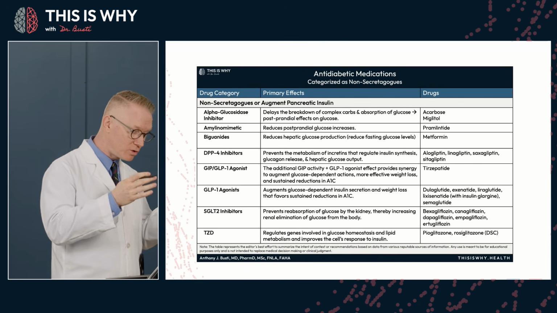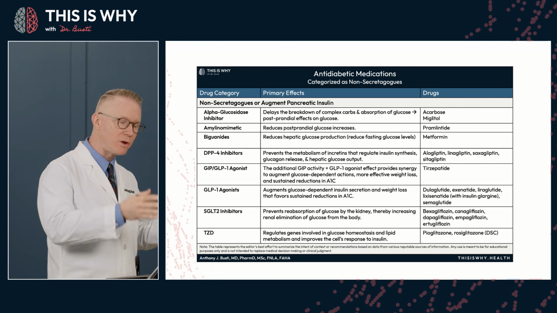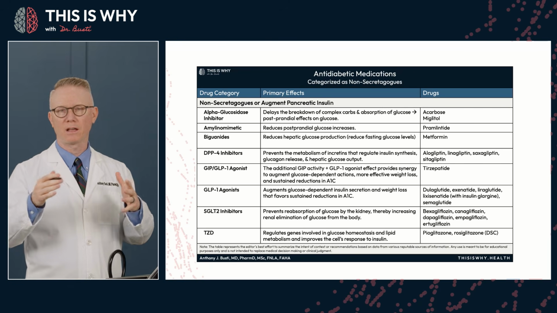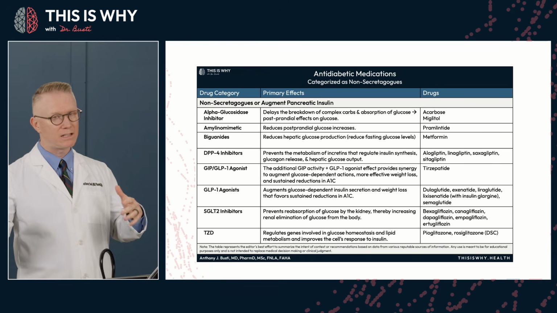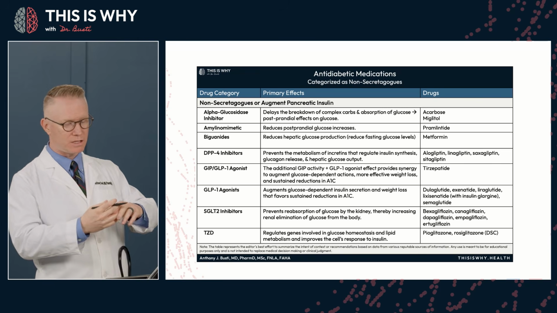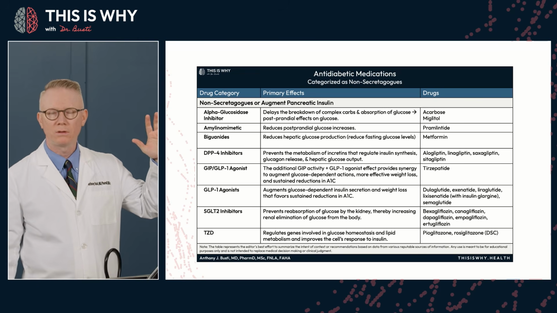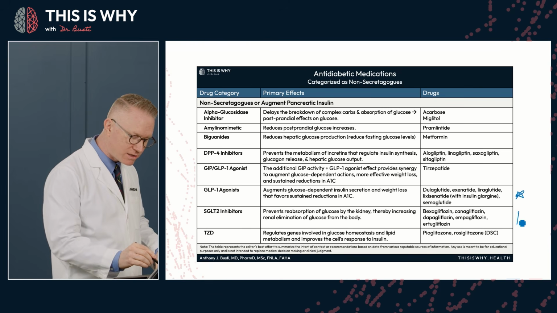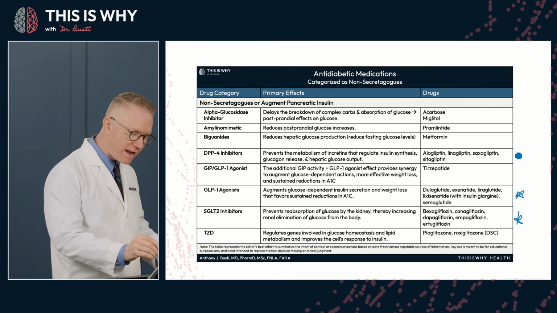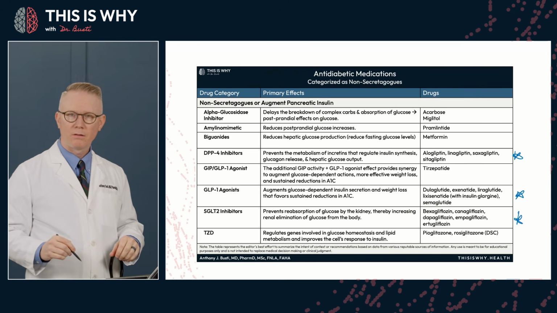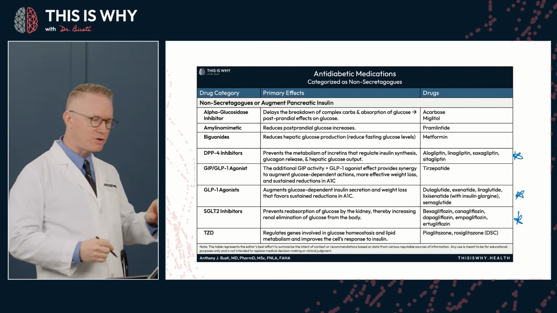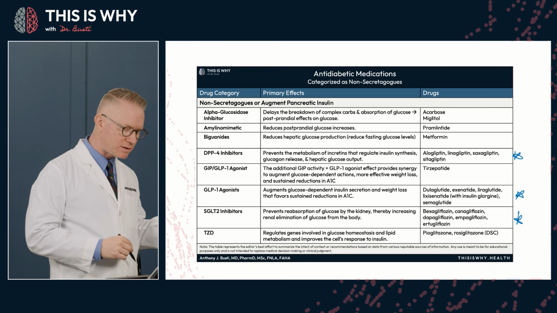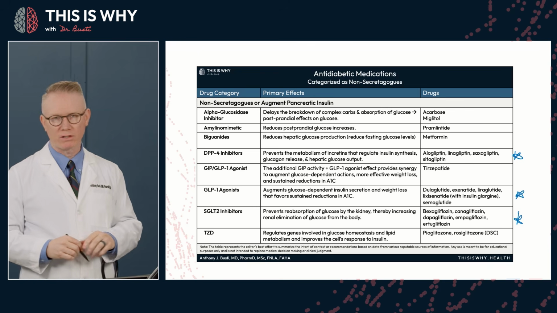So that's where the next table, which are the non-secretagogue agents that are non-insulin based treatments, these subgroups have just grown. Right? And you can see certain groups have the highest number of agents: the DPP-4 inhibitors, GLP-1 receptor agonists, the SGLT2 inhibitors.